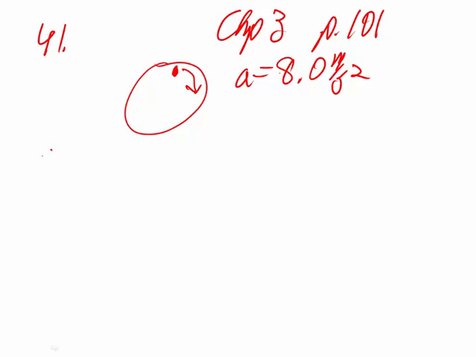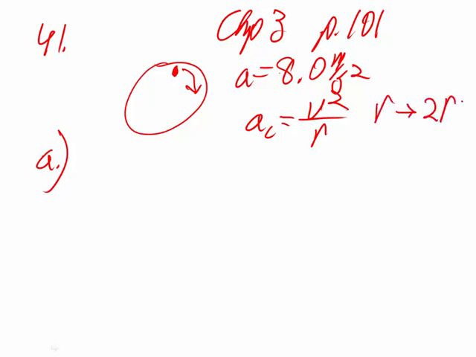Now this is really a conceptual question. First of all, we got to remember what centripetal acceleration is. By definition, centripetal acceleration is the velocity squared divided by the radius, isn't it? So if we keep the velocity constant, and we double the radius, in other words, if r goes to 2r, what happens?